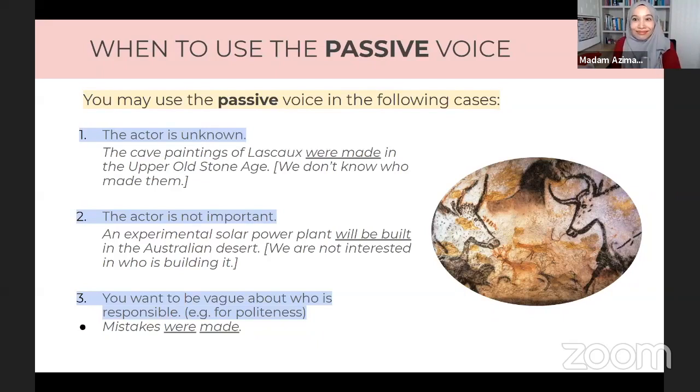By who? I don't want to say, sensitive, okay? Or it has been suggested that, when you want to be polite. Who suggested? I don't want to say, okay?